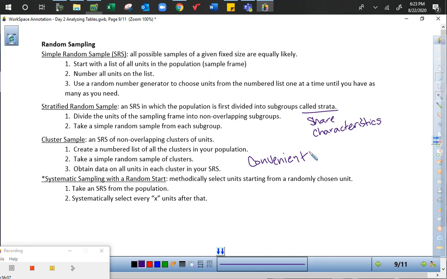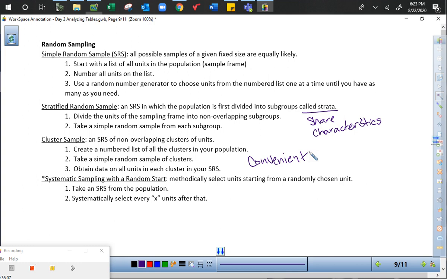Now, sometimes more convenient is not necessarily better in terms of more representative. So you do have to be careful with cluster samples that each of your clusters does represent the whole population. So with this sampling method, there's an extra step to make sure that it is representative.